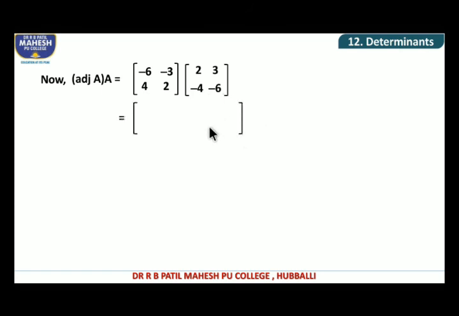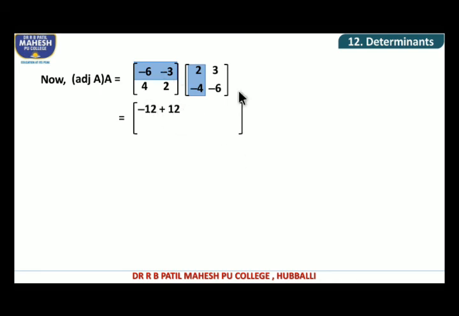Let us verify adjoint of A into A. We have minus 6, minus 3, 4, 2, this is the adjoint of A, into the matrix 2, 3, minus 4, minus 6, and we take the product by following the procedure. First, multiply first row and first column. Minus 6 into 2 is minus 12, plus minus 3 into minus 4 is plus 12. So minus 12 plus 12.